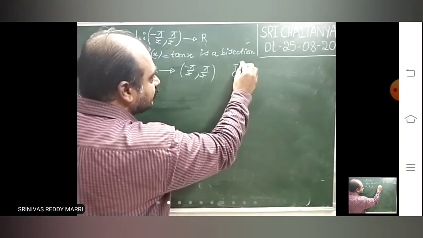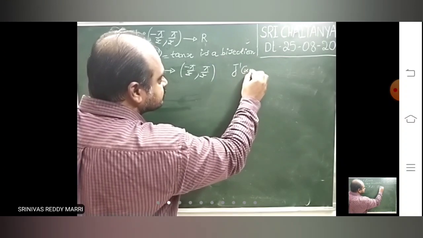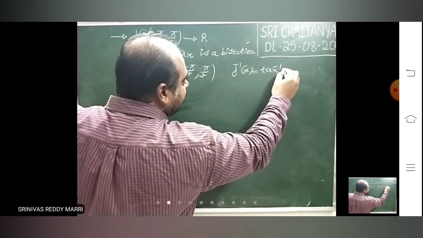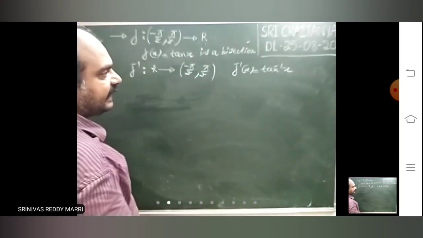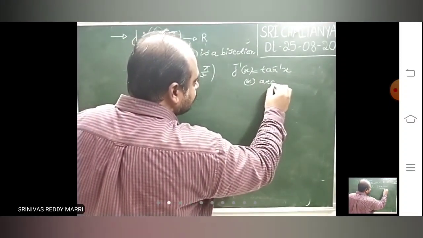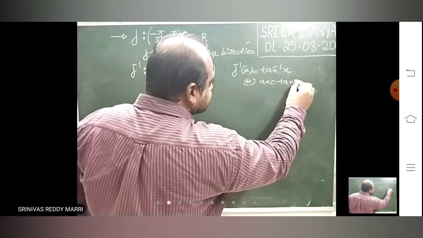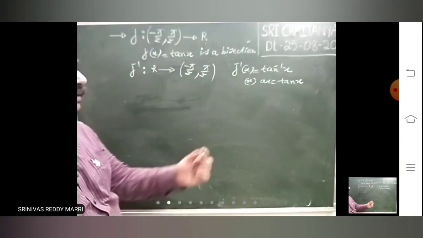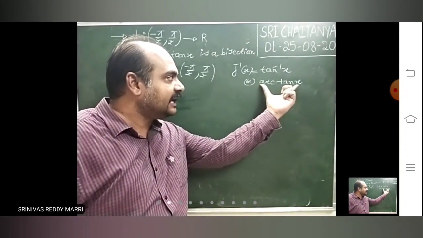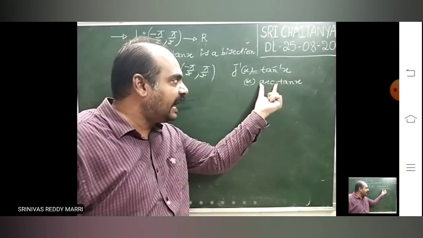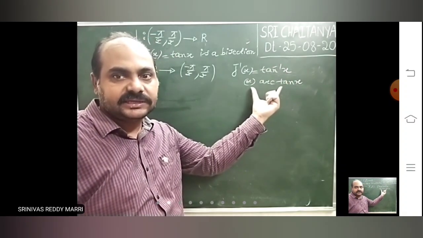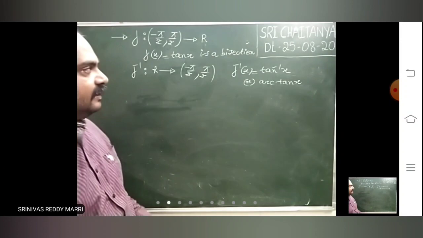This is nothing but f inverse x. This is called tan inverse x, or it is also denoted by arc tan x. Whenever arc is given, you replace it by inverse. Arc tan x means you remove arc and write inverse. That is the symbol. Arc tan x means tan inverse x.